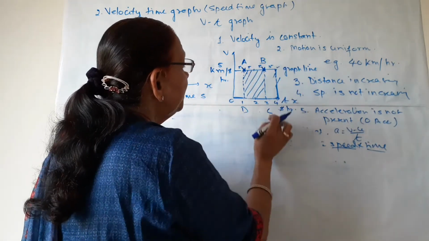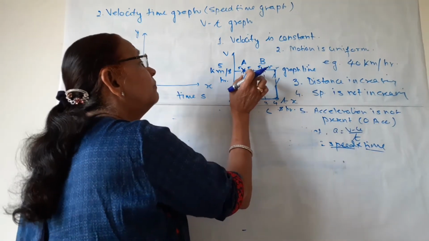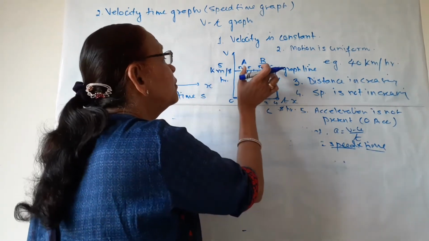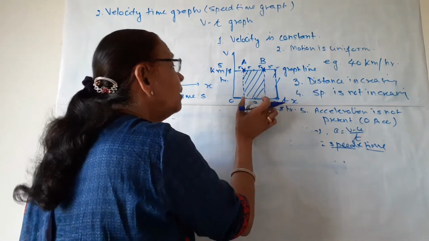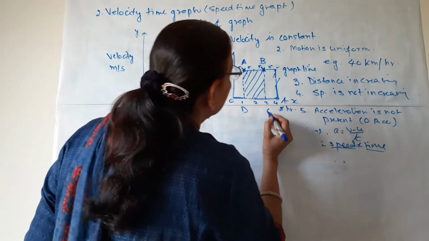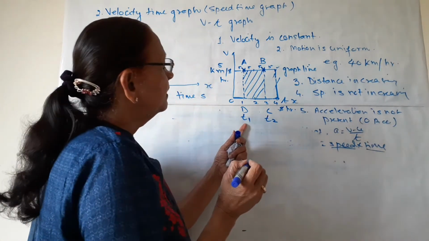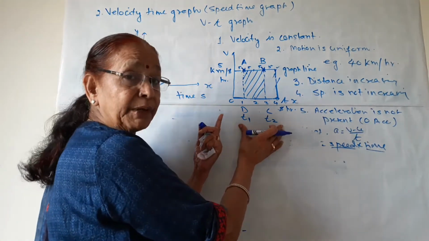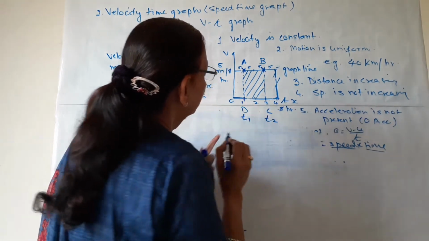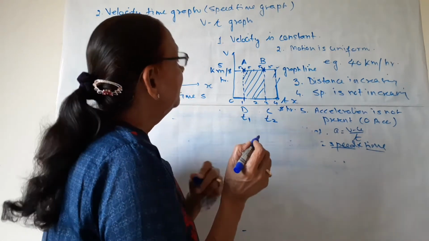So this is A, B, C, D. We want to know the distance covered between A and B. So we will get this distance by the area of this rectangle ABCD. Suppose C we assume as T2 and this is T1. This is the time difference. At 3 this is T2 and at 1 hour it is T1.